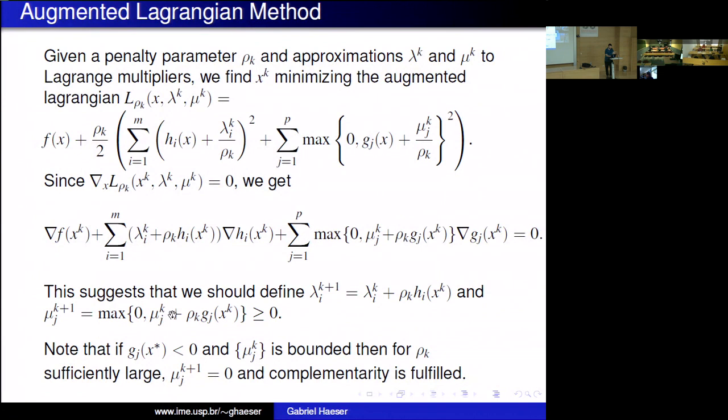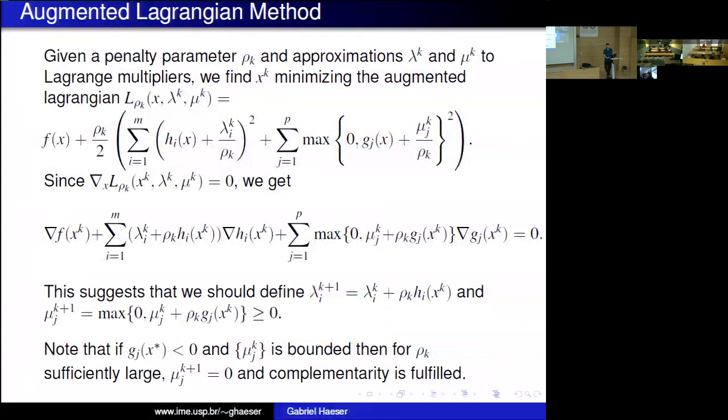If this is bounded, this goes to minus infinity, so this is negative, and this maximum returns 0. So the approximation eventually gets 0 for an inactive constraint, and the complementarity should hold. So it appears that I'm converging to the solution, or at least the KKT point of the original problem.